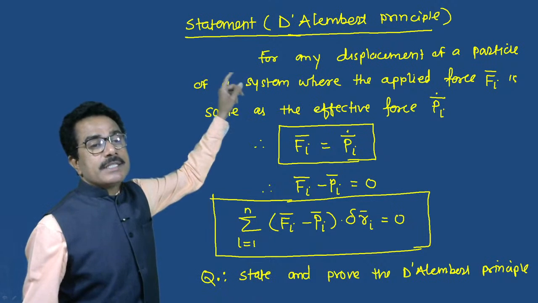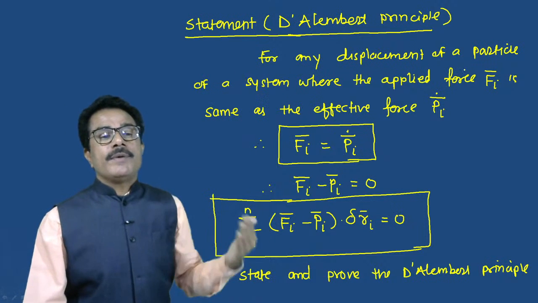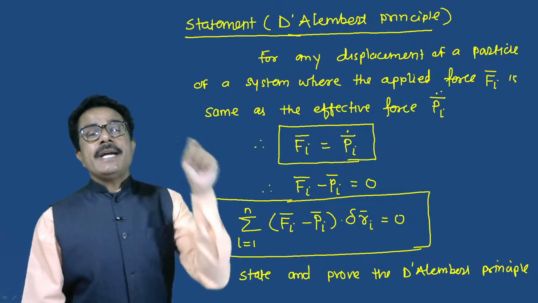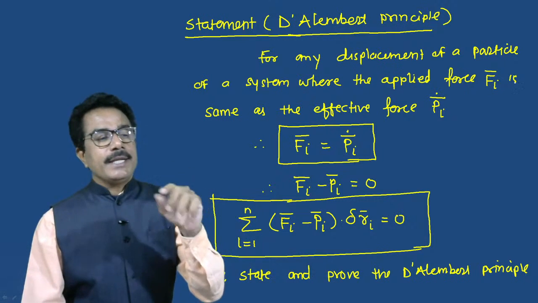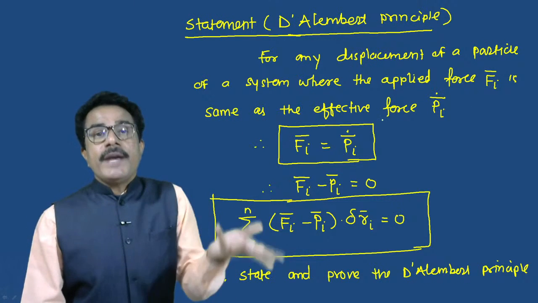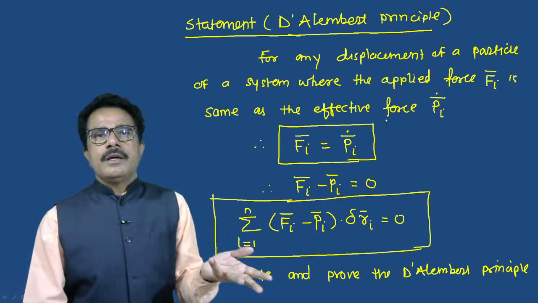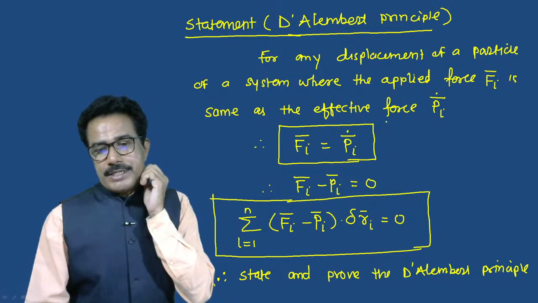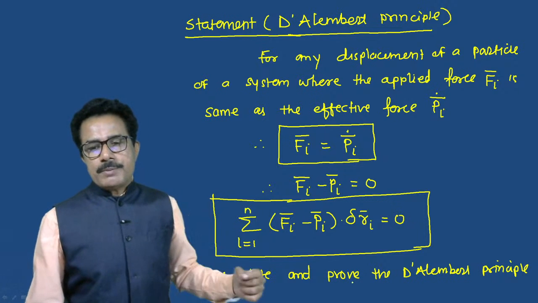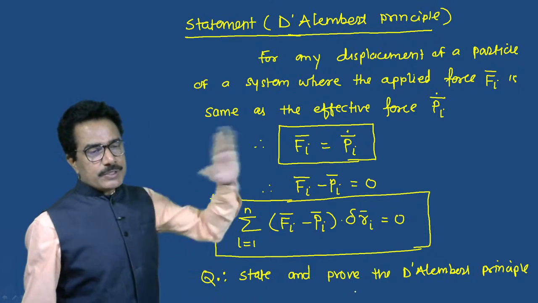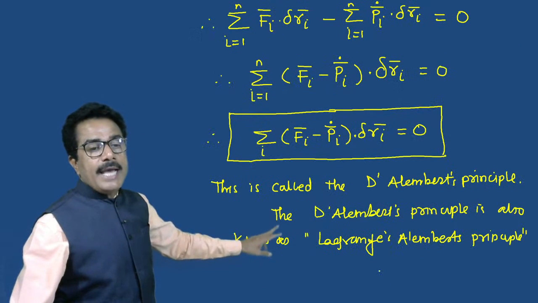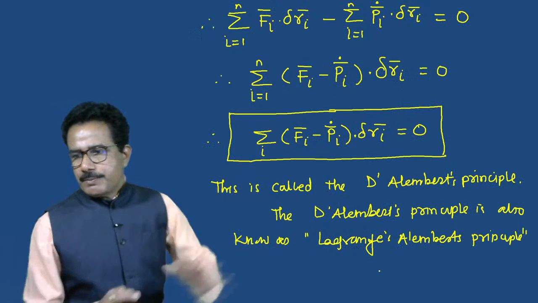So you have to write the statement: for any displacement of a particle of a system where the applied force Fi bar is the same as the effective force. Effective force means the rate of change of linear momentum. So this is called D'Alembert's principle, or it is also known as Lagrange's D'Alembert's principle. This is important.